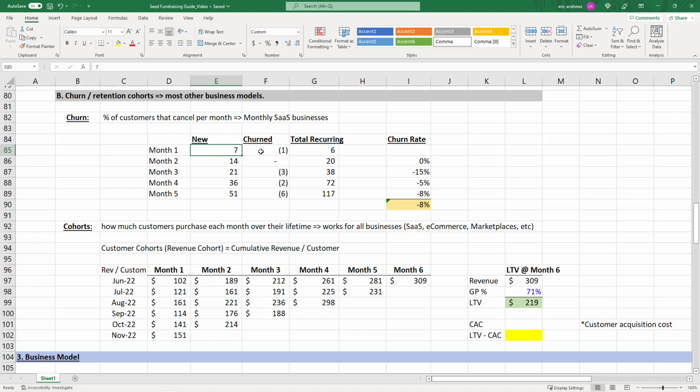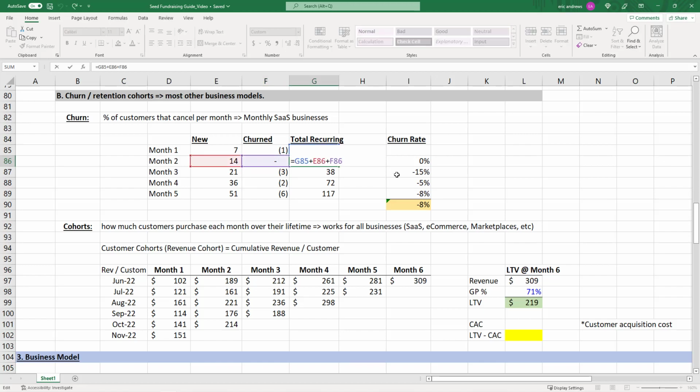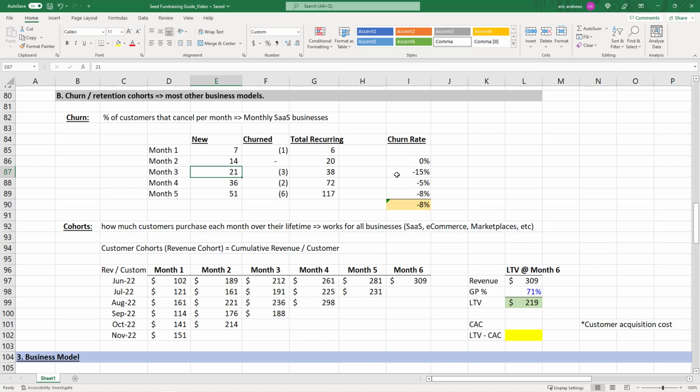So you'd say 7 people signed up, 1 churned, let's say from a prior month, and you have 6 recurring subscription customers. Then 14 people signed up that are new, 0 churned, and so in total you have the prior month's recurring customers plus your new 14 customers. And then in month 3, you have 20 recurring, you add 21 new, and then 3 churn. And you have 38 total recurring at the end of the month.